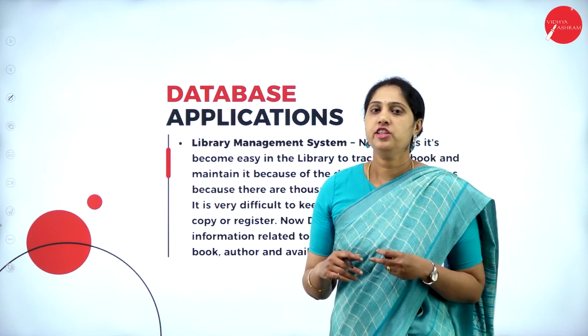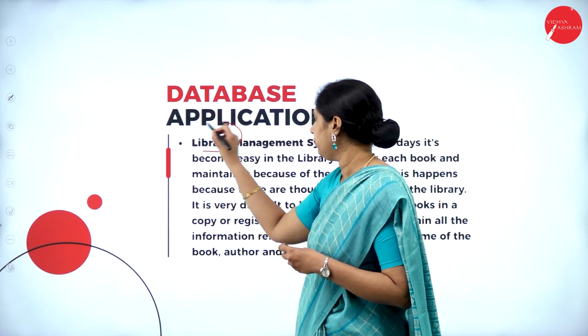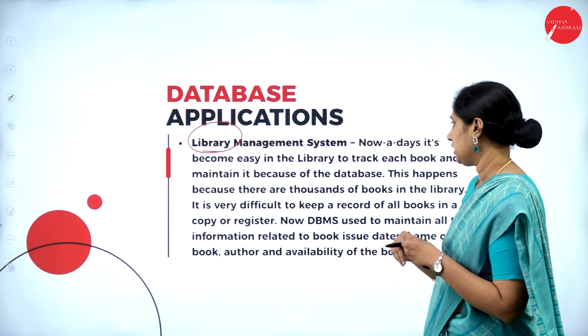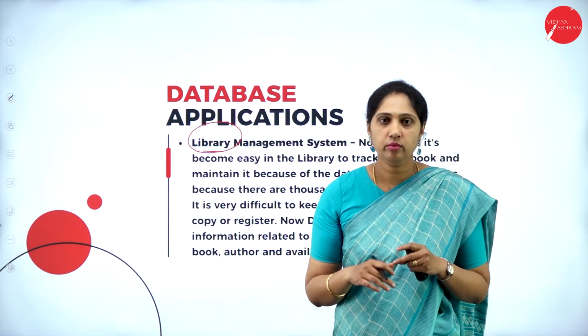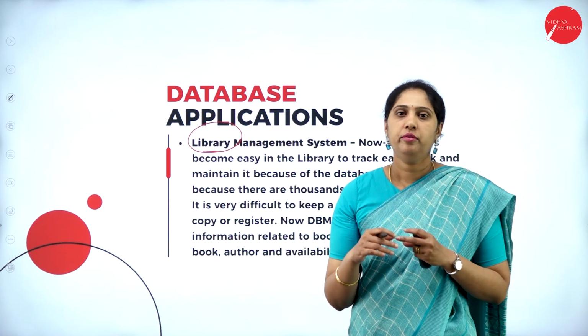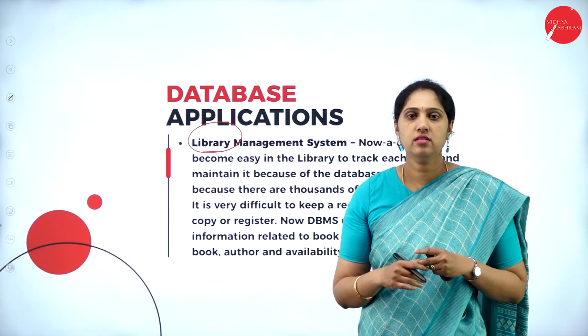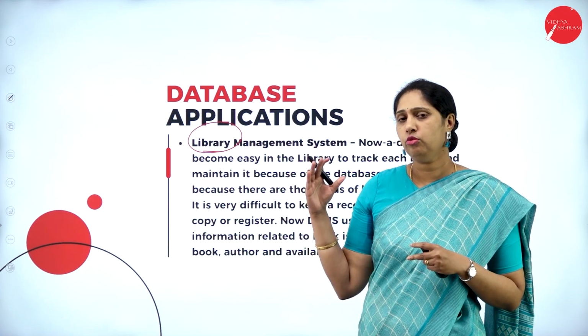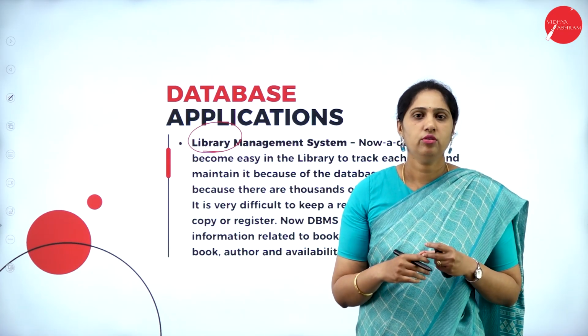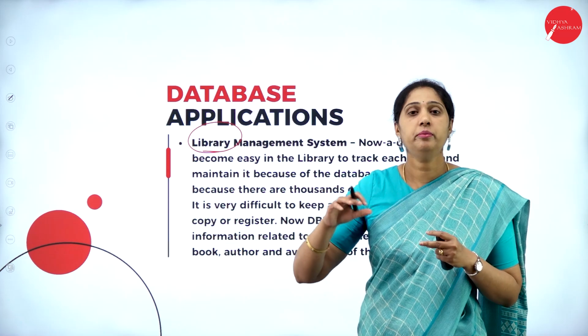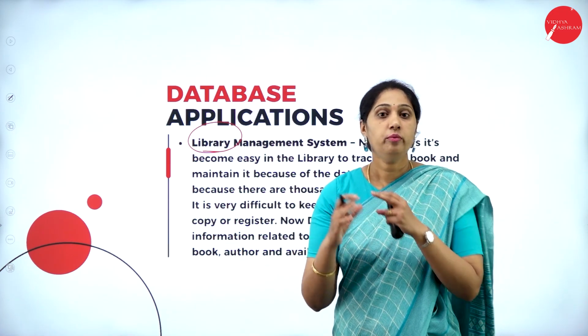Next, if you are in a college, you are familiar with the library management system. Before, when you had very few books, you used to go, take the book, go to the library and get the signature, and all these things would happen. But when you have thousands of books, what happens? Every book, whether borrowed or not borrowed, will be in the database. So how many books are pending?